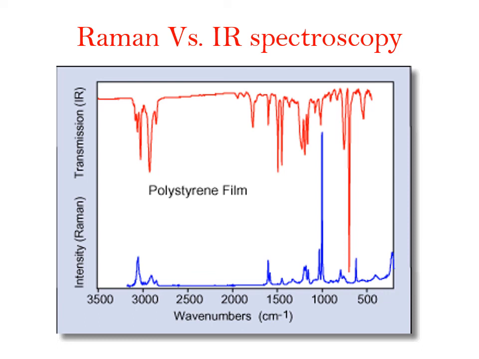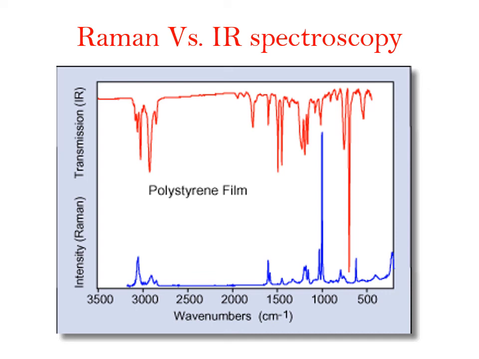So to see the difference between Raman and IR spectroscopy: Raman spectroscopy is a complementary technique to infrared spectroscopy. Both examine changes in vibrational and rotational states at a molecular level. But while infrared measures the amount of IR light absorbed, Raman measures the amount of light scattered.